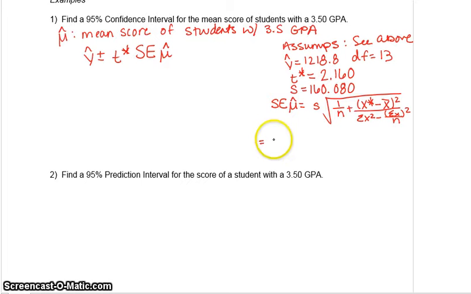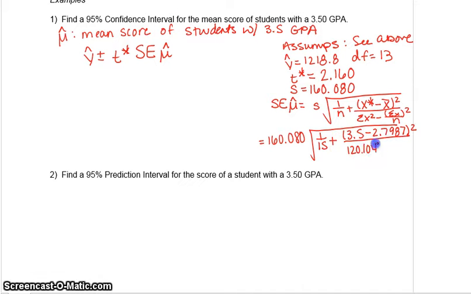So plugging in, we have 160.080 times the square root of 1 over 15 plus 3.5 minus 2.7987 squared divided by 120.1044 minus 41.98 squared over 15. So take a minute, punch that in on your calculator, and you should end up with 80.7802.